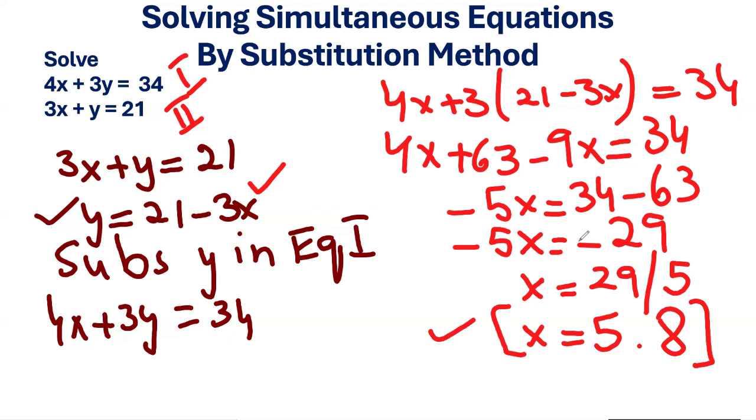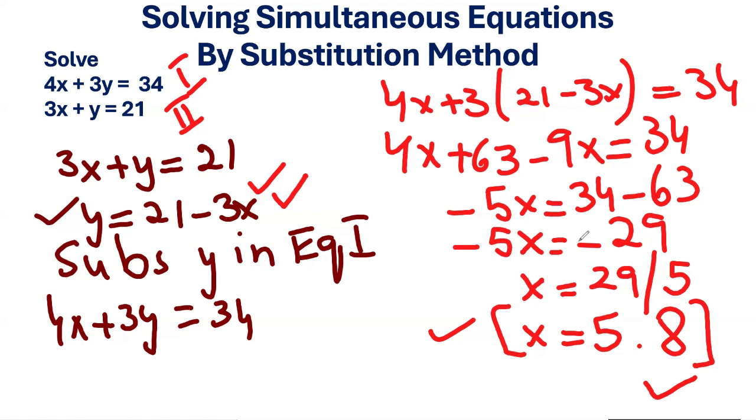So now you can find the value of y by substituting x in any equation, equation number 1 or equation number 2. I'm taking equation number 2 because here the value of y is already there. This one, y is equal to 21 minus 3x. So let's continue further. This is the value of x, 5.8.